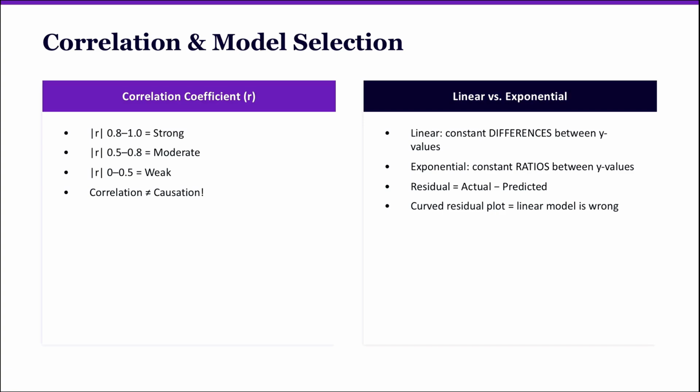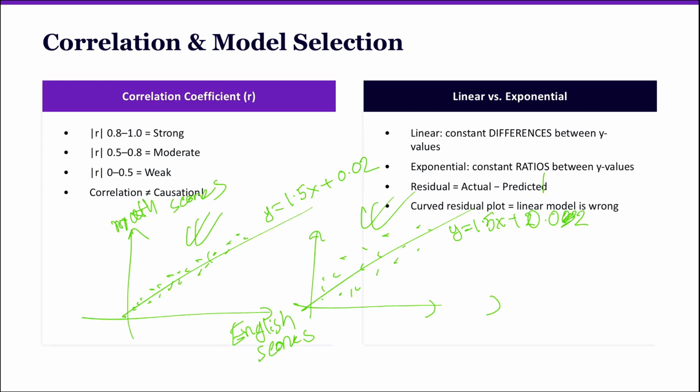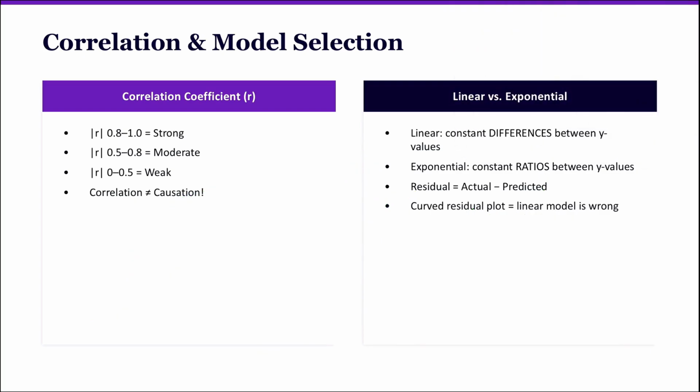Because it might just be a different factor that's causing both of them. It might just be because they're more hardworking students. They might be more brilliant students. So just because there's a correlation between two variables doesn't mean one variable is necessarily causing the other variable, or one event is causing the other event, rather.